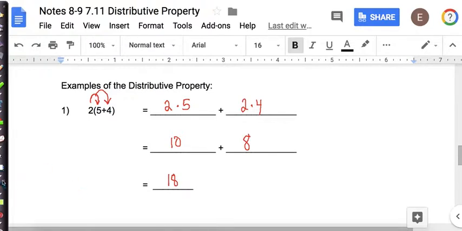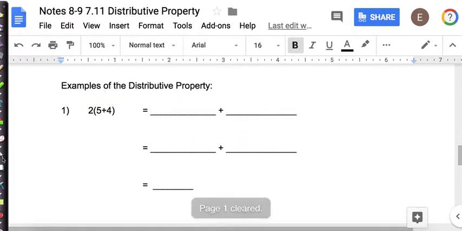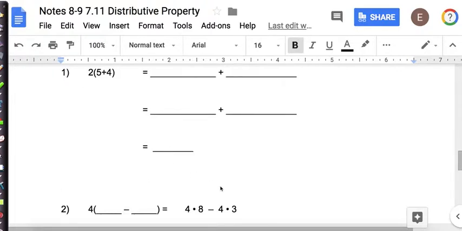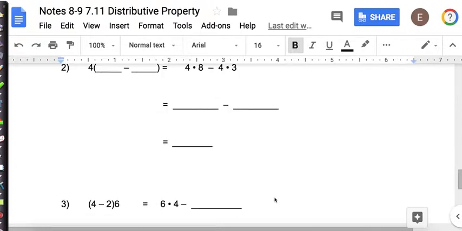Let's move on to example number 2. And there's a slight delay here, so be patient. So example number 2, the distributive property has already been done. The 4 got distributed to the 8, and the 4 got distributed to the 3.